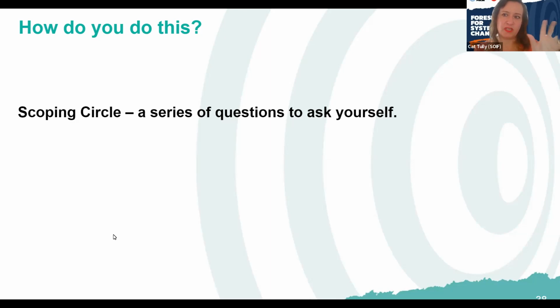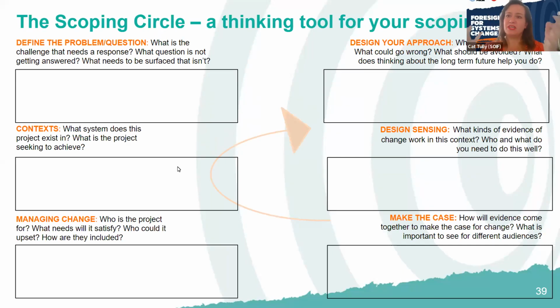Now, the scoping note is really critical, and the scoping circle will be a series of questions that can help you examine your issue, why you're looking at it, what success looks like, etc., and systematically keep this updated as you go through many, many iterations of different conversations or research or insights or focus groups or inputs during your scoping phase.